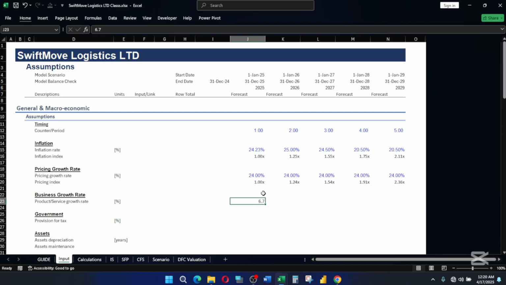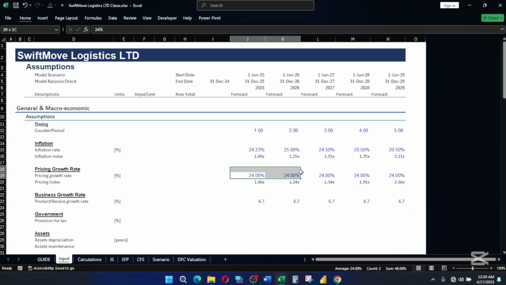Now, since we are taking it that the industry is growing at the rate of 6.7% annually, we can just make it a flat rate. You can decide to also make it dynamic, increasing in some years and decreasing in others, but here we leave it on a flat rate basis.